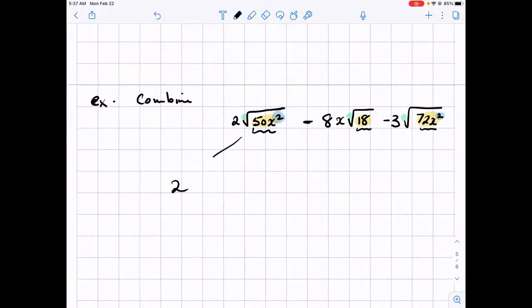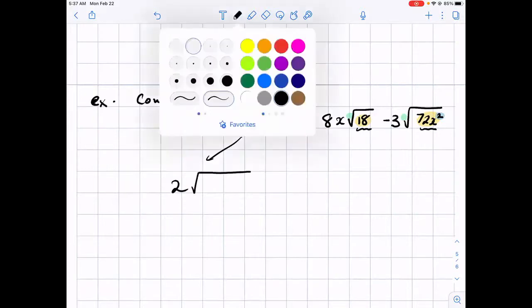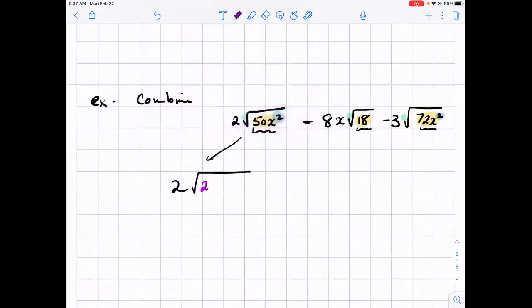The radical of 50 is the same, the two numbers is 25 times 2. And x squared will stay where it is.